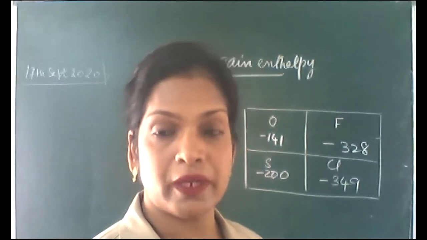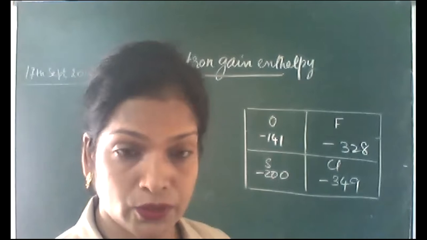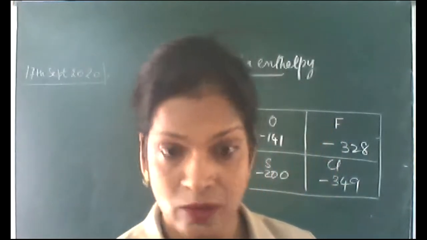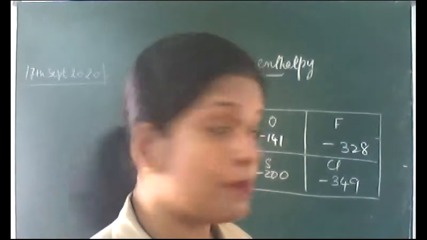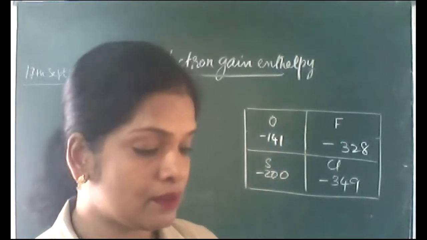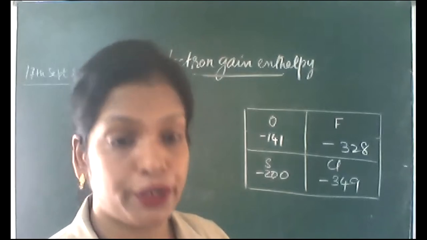Similar sentence you have to write here also. Due to the small size of oxygen, electron density is higher on oxygen, so the incoming electron experiences repulsion. But in sulfur atom, electron density is much more diffused.